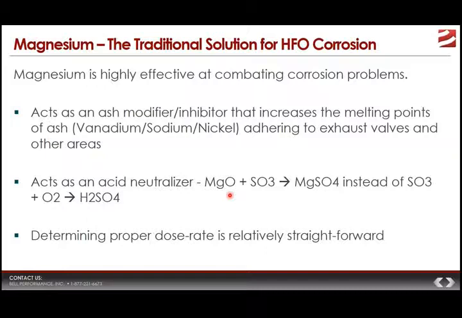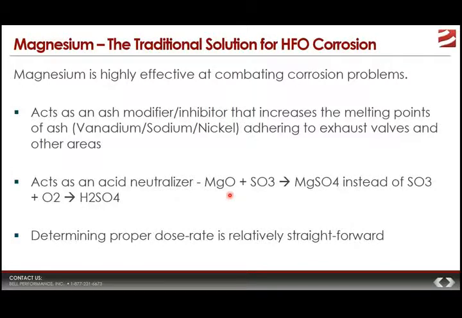If you have a higher melting point deposit, then first of all, it's not going to be liquid in that combustion system, and when it cools down, it's not going to form this really glassy, tenacious, hard to remove deposit. It's going to form essentially a powder that drops off on its own.